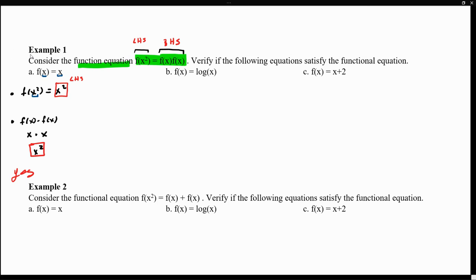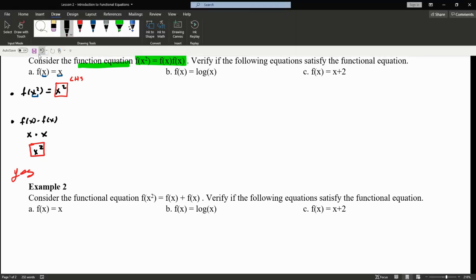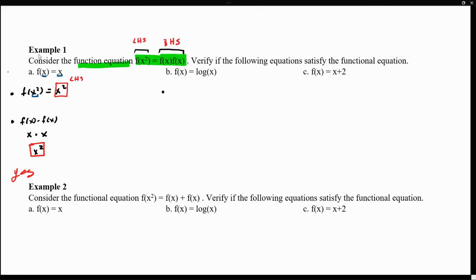But now let's take a look at b. Does the function of b make this a true statement as well? Let's find out. The function of b is f of x equals log of x. Let's take a look at the left-hand side, f of x squared. All this is saying is to go to my function f, and every time you see an x, substitute it with x squared.